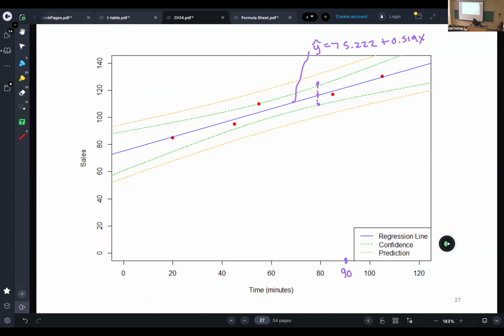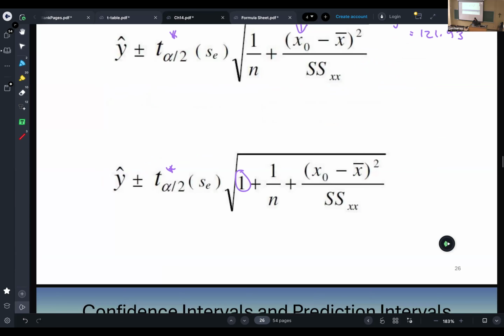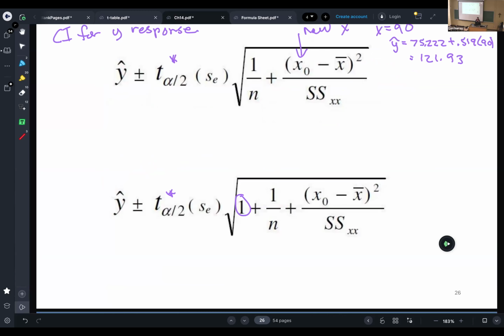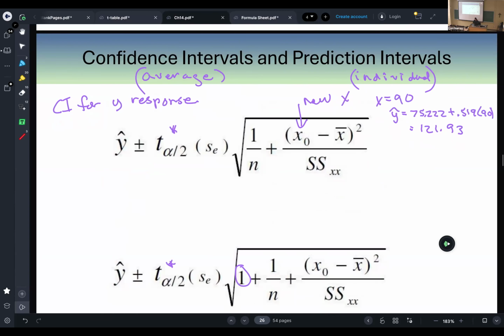I'm plugging in this value and we're going to build the confidence interval, plus or minus to the green and also plus or minus to the orange. Orangey yellow. Okay, so that's quantifying what the uncertainty is for $121.